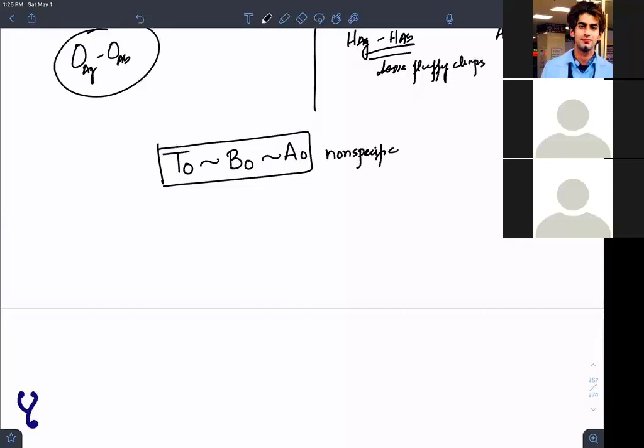Otherwise, you start mugging up at home: non-specific, non-specific, non-specific. No, first understand why non-specific. H antigen is specific. Is it clear?